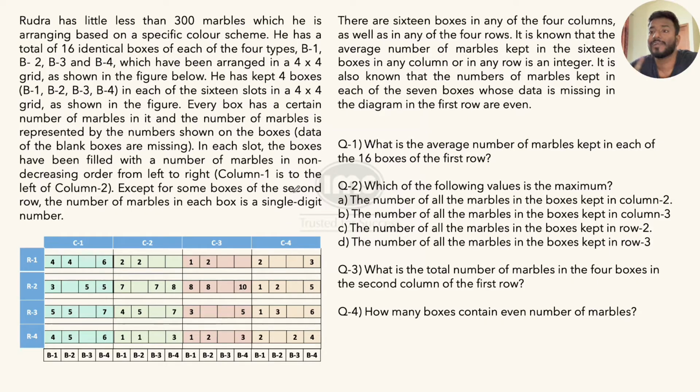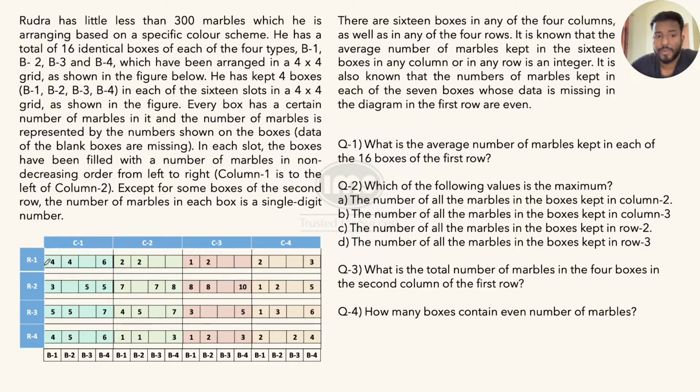Non-decreasing order doesn't necessarily mean increasing order. You'll have to be very careful in this. Non-decreasing order simply means that your current value will never decrease. That means the value can either stay the same going ahead, or the value can also increase. So we'll have both these possibilities.